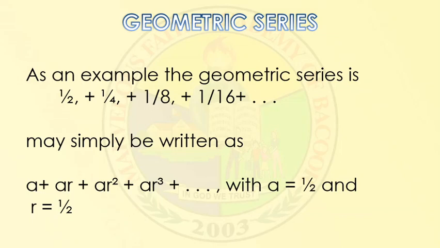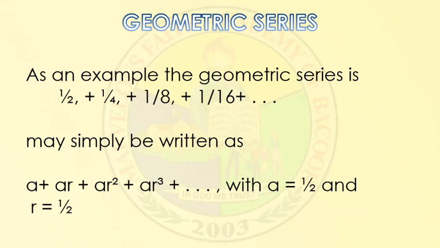Okay, it may simply be written as first term plus first term times the common ratio plus first term times the common ratio squared plus the first term times the common ratio cubed plus and so on, with A equals the first term, or the value of the first term is 1/2 and the value of the common ratio is 1/2.